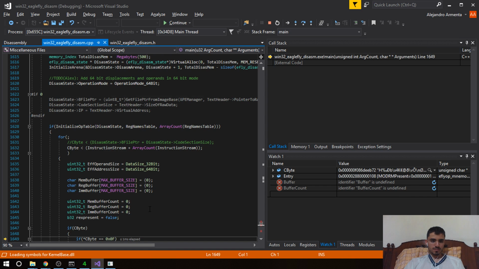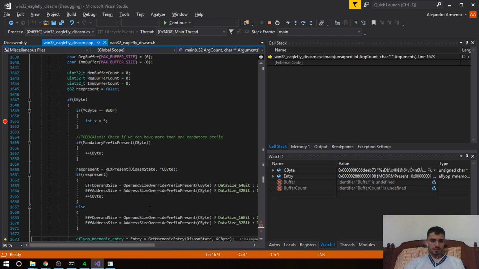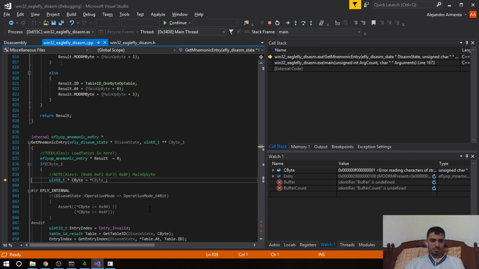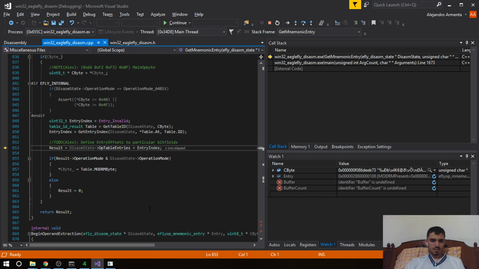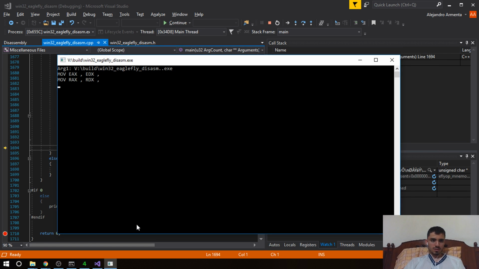Then if CB, this is gonna have the REX, and then we're gonna get the mnemonic. We got operation mode. There you go.